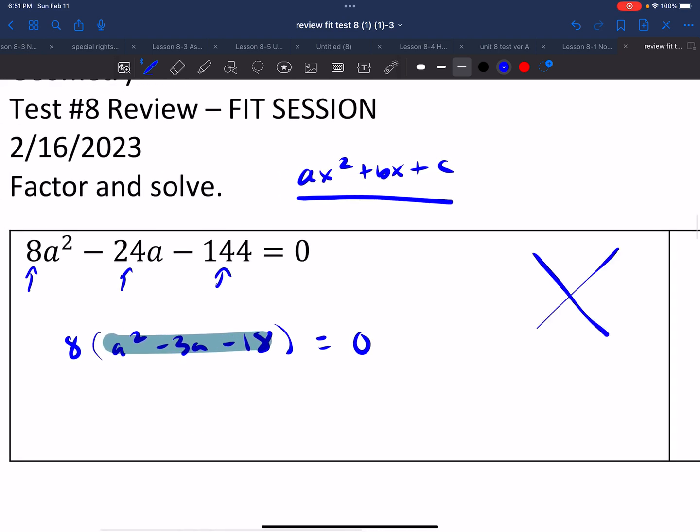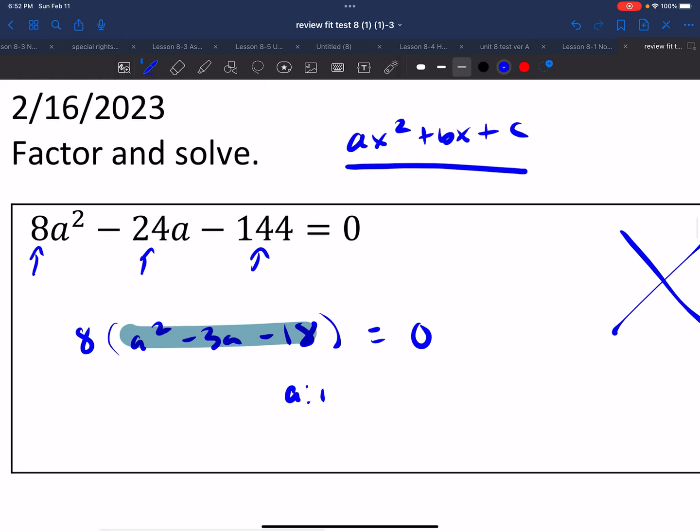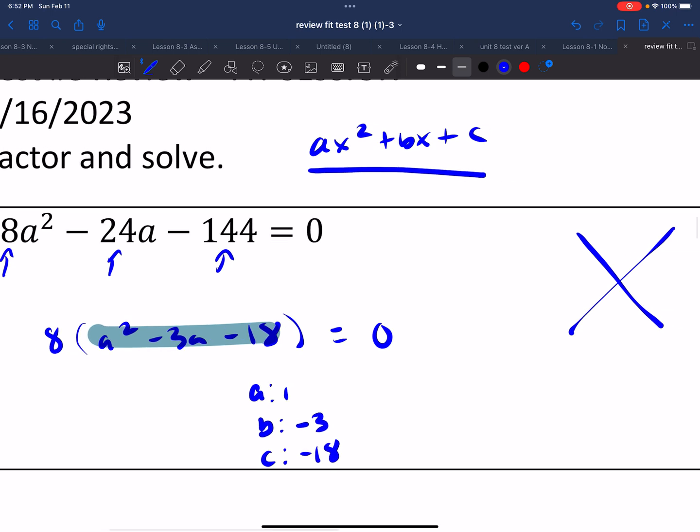So I'm going to draw an X. C goes up top, and then B goes in the bottom. So A is 1, B is negative 3, and C is negative 18.